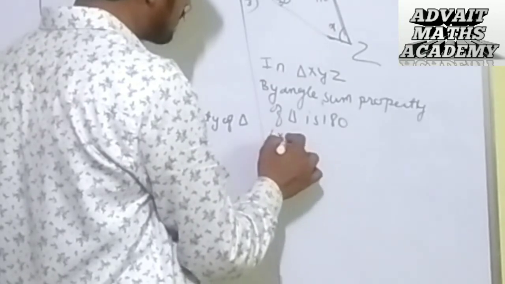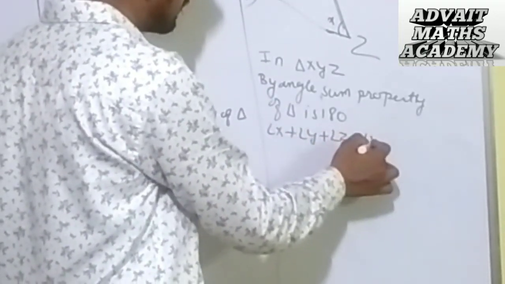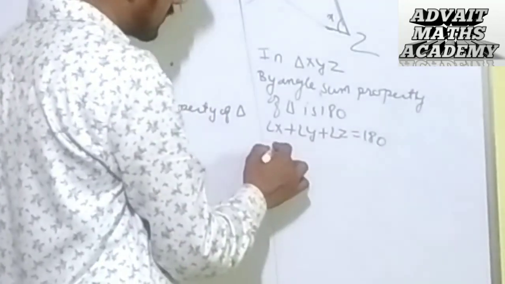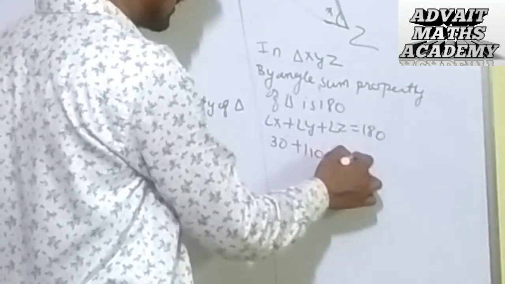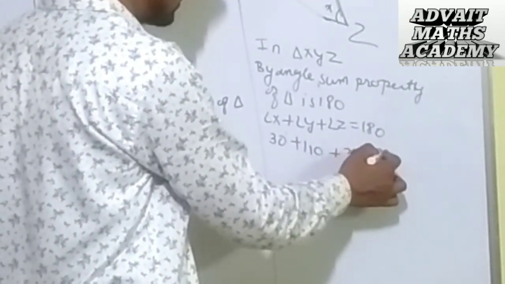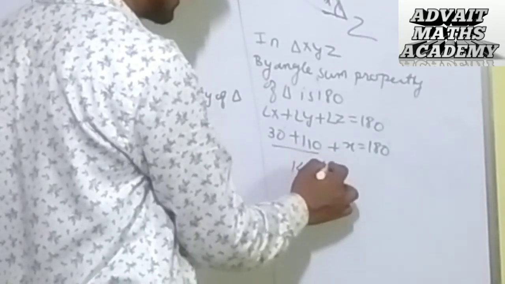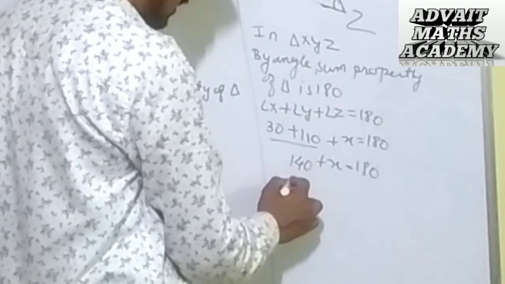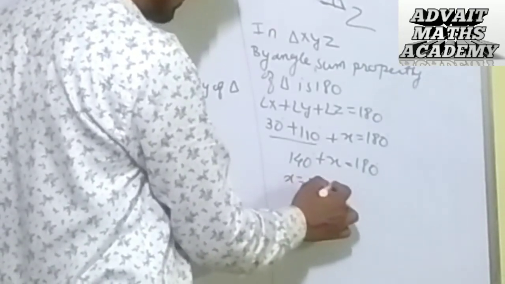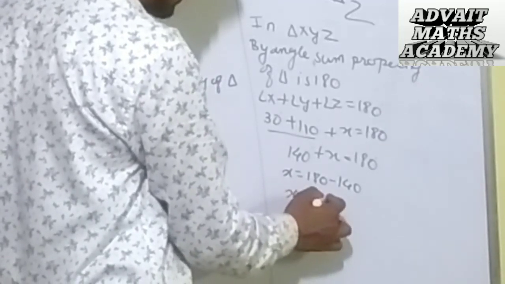Then angle X plus angle Y plus angle Z is equal to 180 degree. Then 30 degree plus 110 degree plus x is equal to 180 degree. Then the sum of these two is 140 degree plus x is equal to 180 degree. Then x is equal to 180 degree minus 140 degree. Then x is equal to 40 degree.